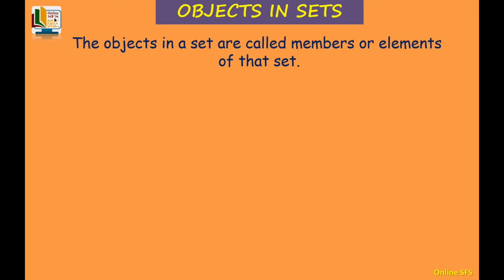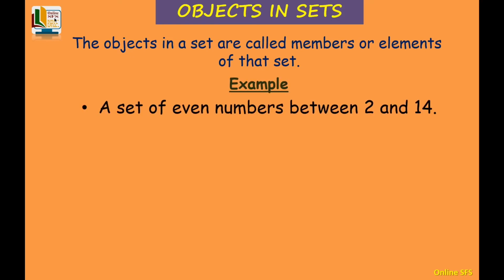Now let's talk about objects in sets. The objects in a set are called members or elements of that set. For example, a set of even numbers between 2 and 14. Let's write down the set having even numbers between 2 and 14. First, we'll give the set a name.